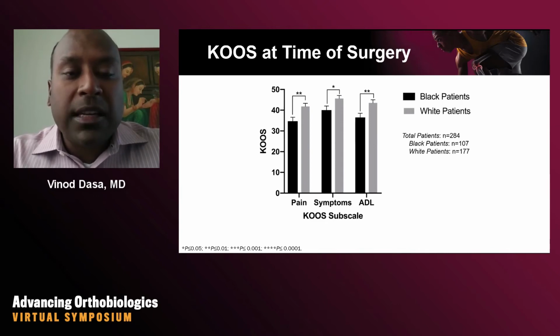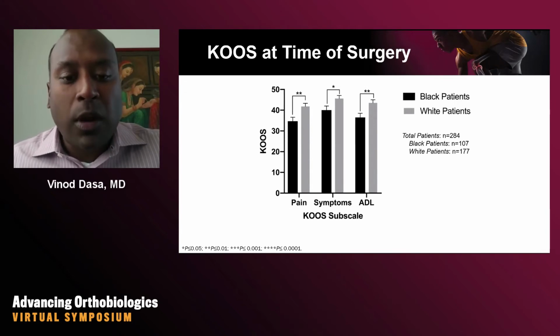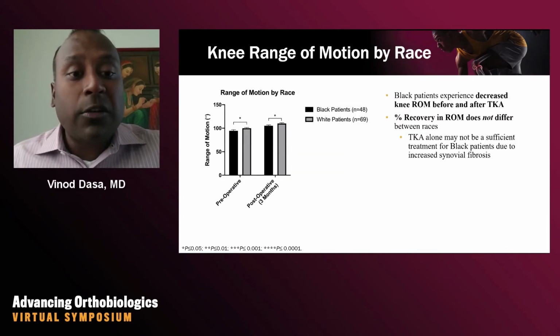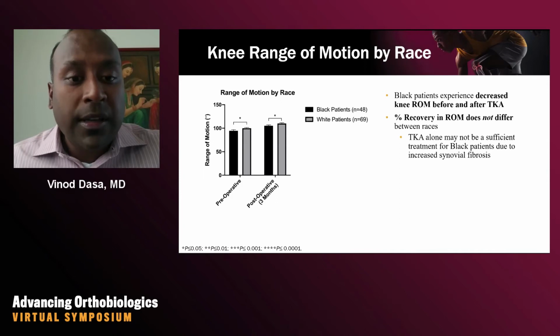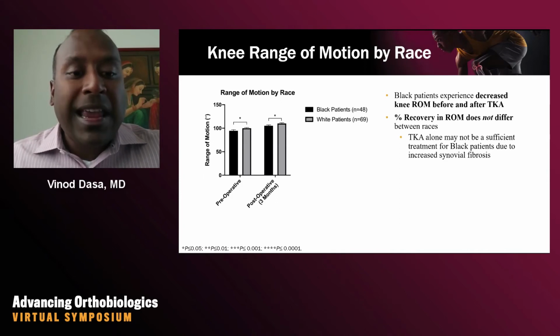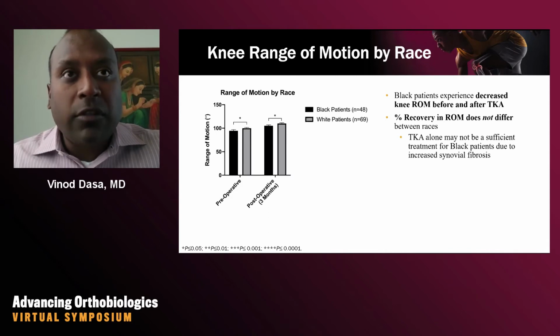What we found is that at the time of surgery going into a total knee replacement, we see a statistically and clinically significant difference in our Black patients compared to our white patients in their KOOS pain, KOOS symptoms, and KOOS ADL scores. We also found a difference in range of motion between our white patients and our Black patients, both preoperatively and postoperatively in our total knee replacement patients.